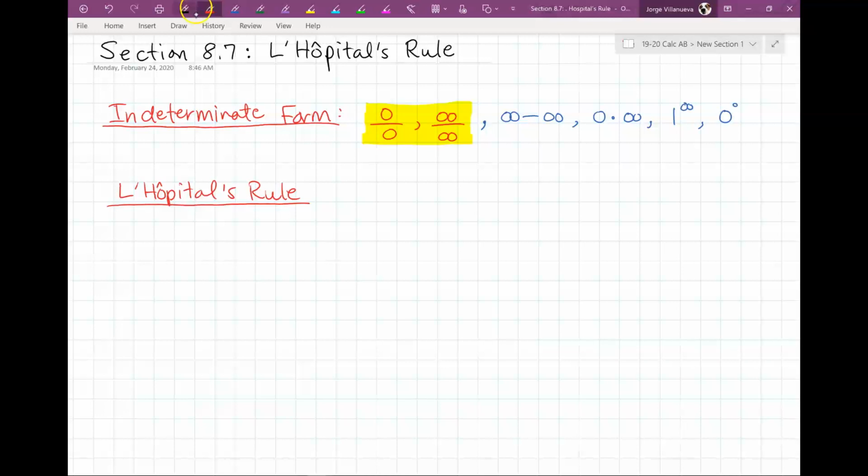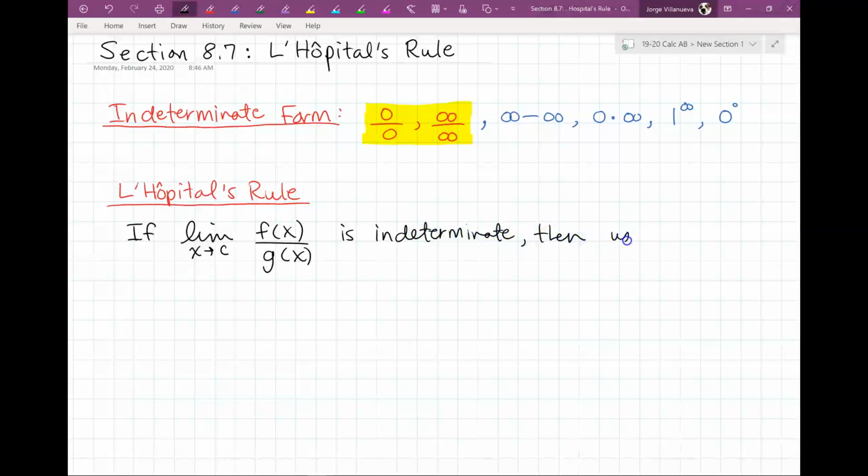So L'Hopital's rule states, if the limit as x approaches c of f of x over g of x is indeterminate, then use the limit as x approaches c of f prime of x over g prime of x.